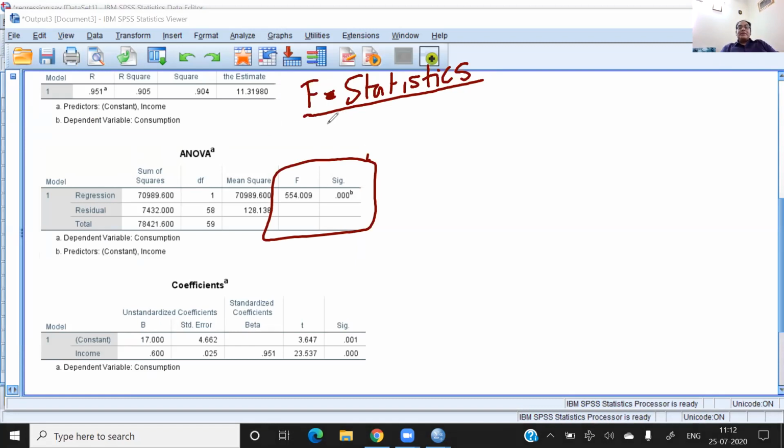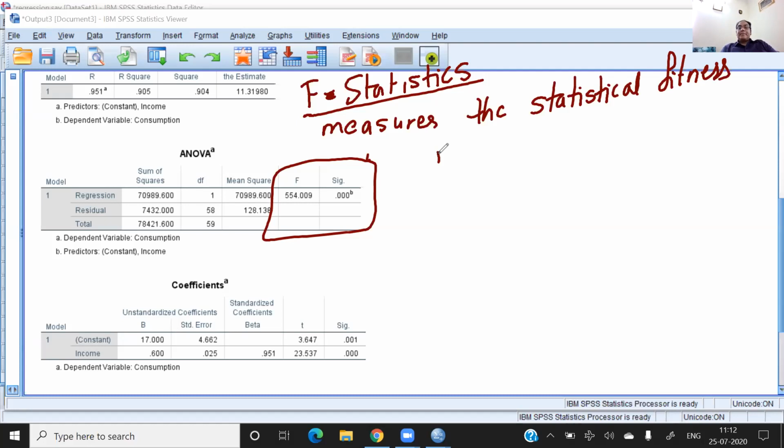F statistic measures the statistical fitness. If the residual sum of square is low, statistical fitness is high. Means if errors are low, the statistical fitness is high.